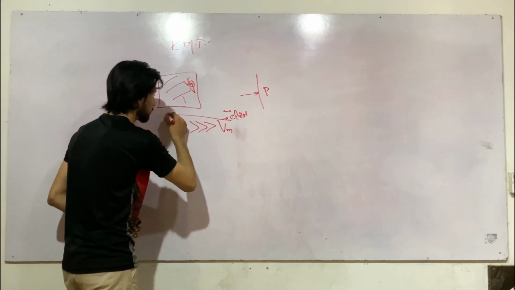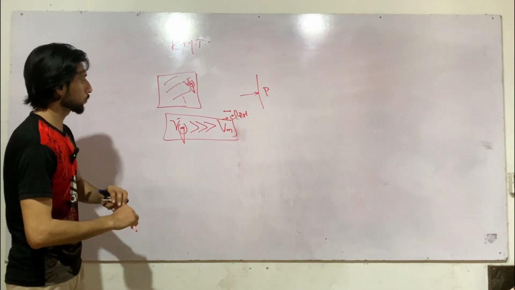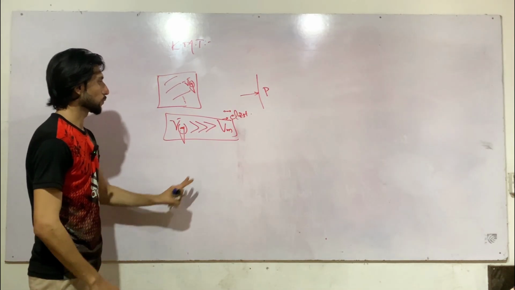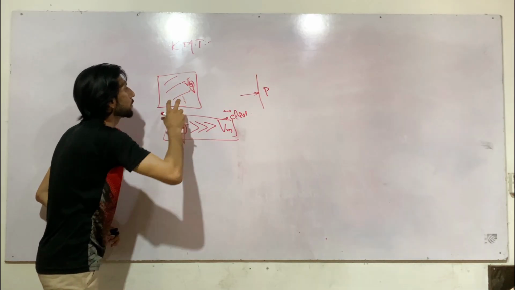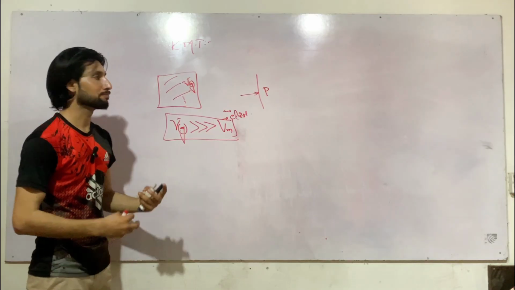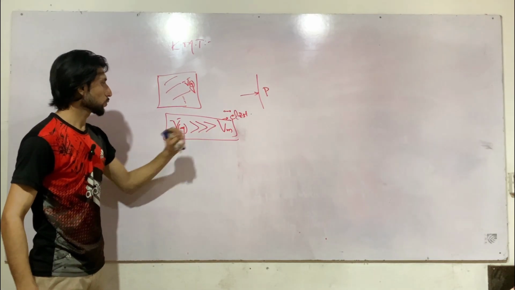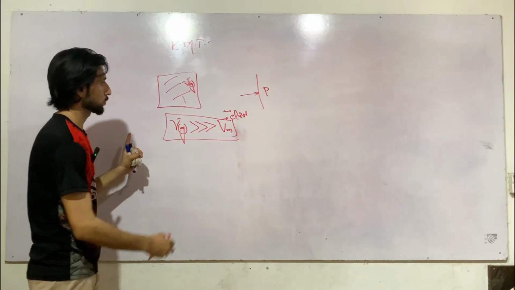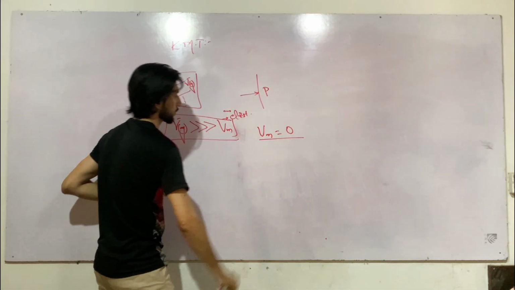Vm means the volume of the molecules, the actual molecules. So we must neglect the volume of the molecules. All this space is then available for the gas to go around and bump into one another and the wall of the container. So Vm is equal to 0 according to KMT.